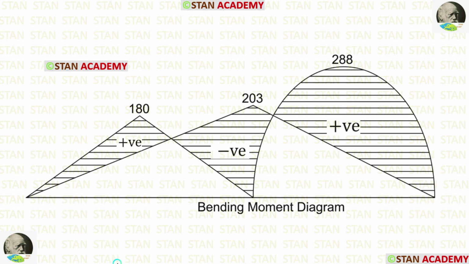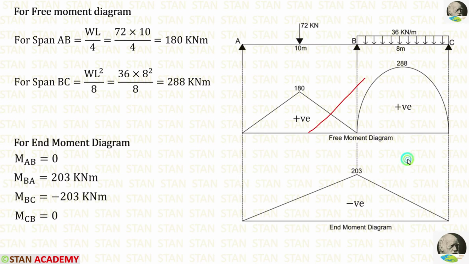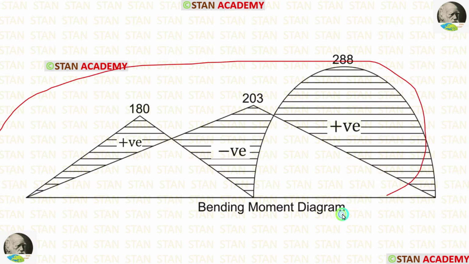Wherever the free moment diagram and the end moment diagram are acting together, we are not marking anything, we just keep the space empty. If you are very experienced, no need to draw the free moment diagram and end moment diagram. You can directly draw the bending moment diagram and save a lot of time.